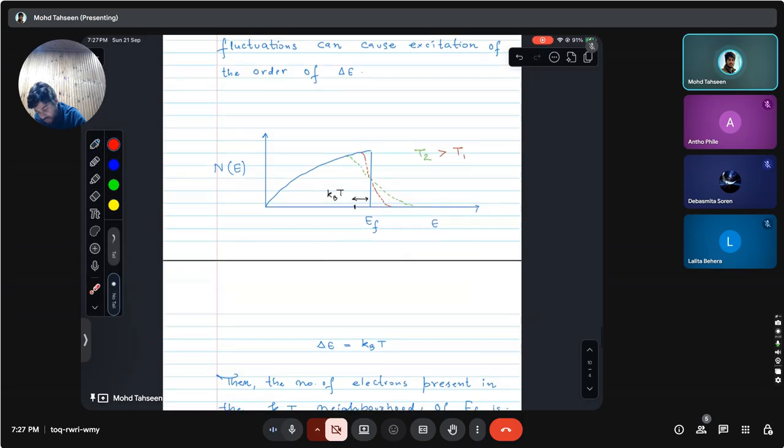So we want to find the number of electrons present in this region that are going to interact with the thermal field.